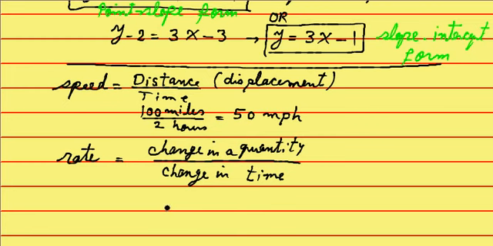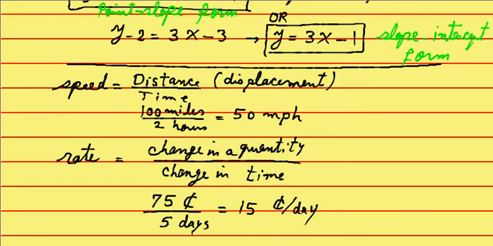Suppose you are watching the price of gas and you notice that during some turbulent times the price of gas went up by 75 cents in a matter of just 5 days. Something happened, maybe a hurricane or something, and the price went all the way up. When you take this ratio, I report it as a rate of increase of 15 cents per day. So the idea of measuring a change divided by some other change is very common.